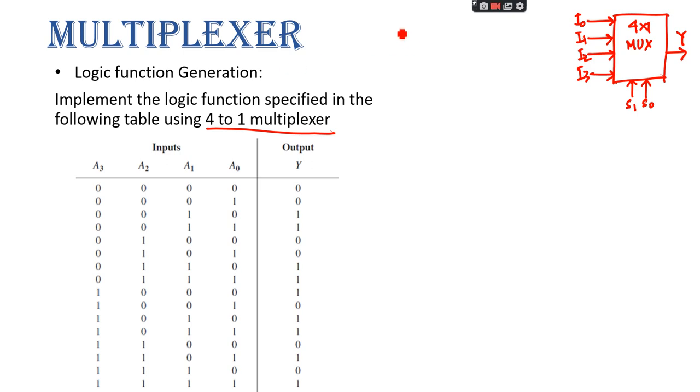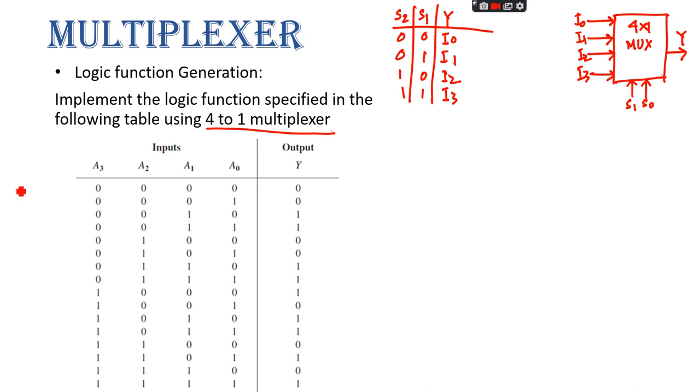Yes, sir. What is the truth table for the 4 into 1 multiplexer? So if you have S1 and S0 and your output is Y, for 0 0 the output should be I0, 0 1 output should be I1, for 1 0 output should be I2, and for 1 1 the output should be I3.